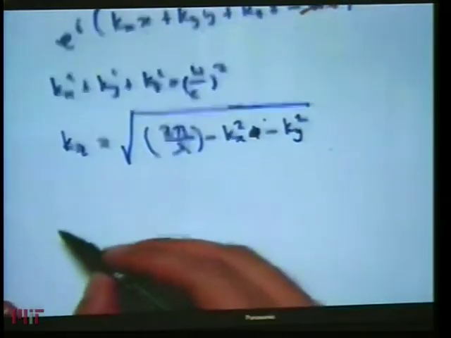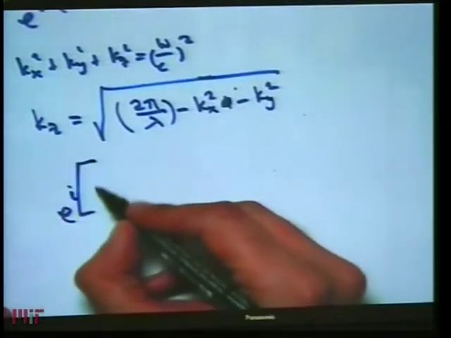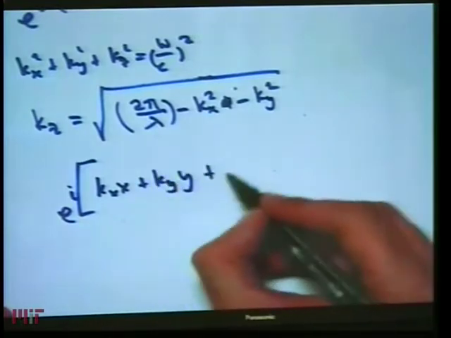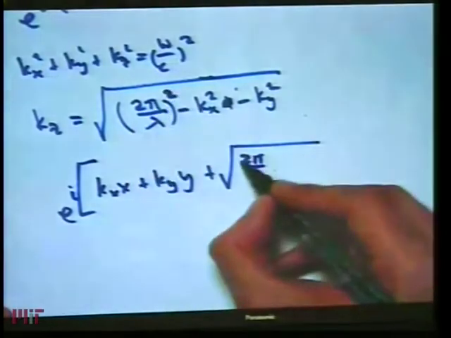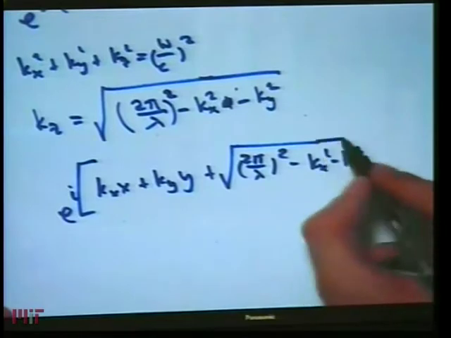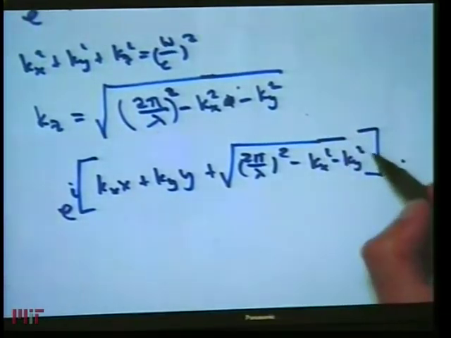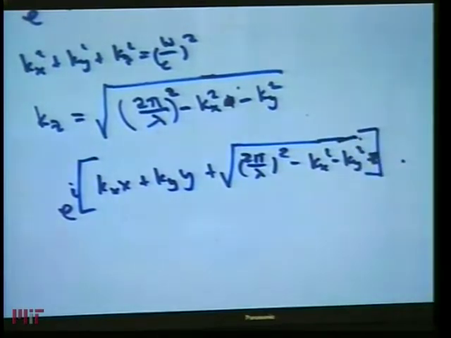So we will see these kinds of expressions. For example, I might write something like e to the i (kx x + ky y + ...), and there's a z here, outside the square root. So this looks a little bit scary, but it doesn't need to be scary. It is a plane wave, right?